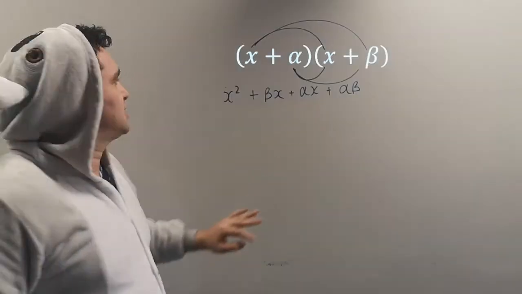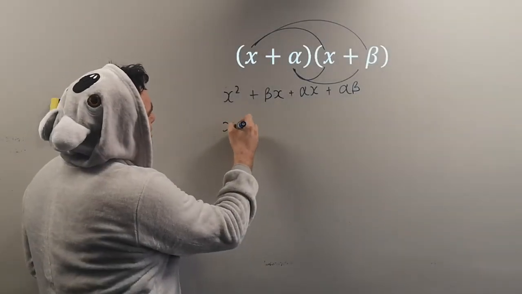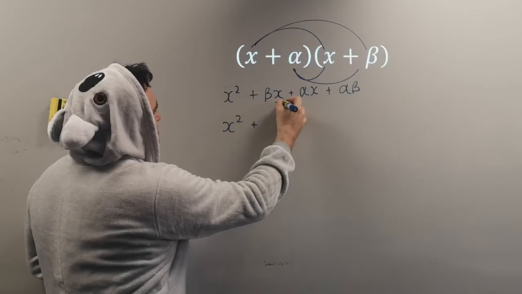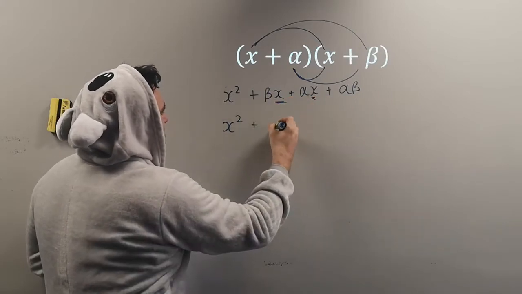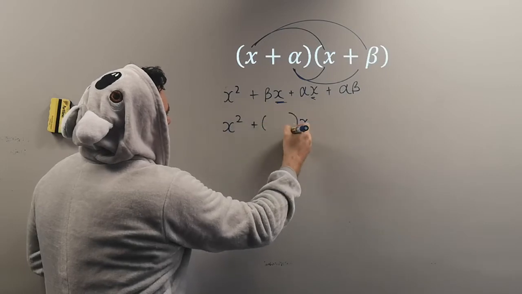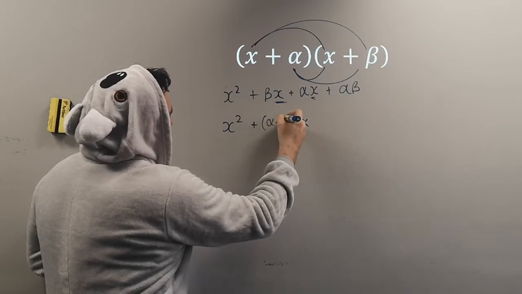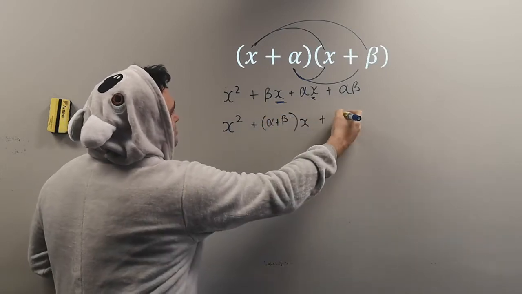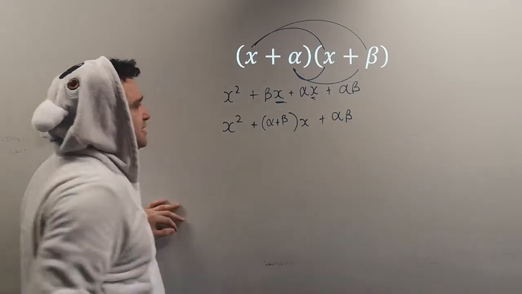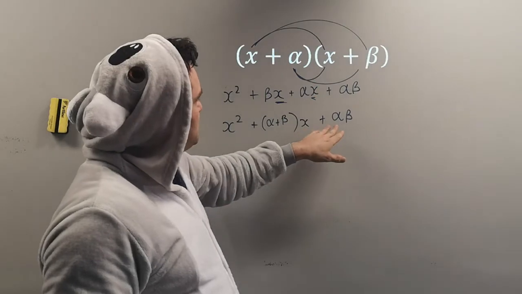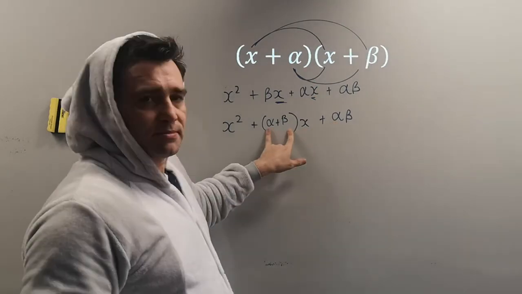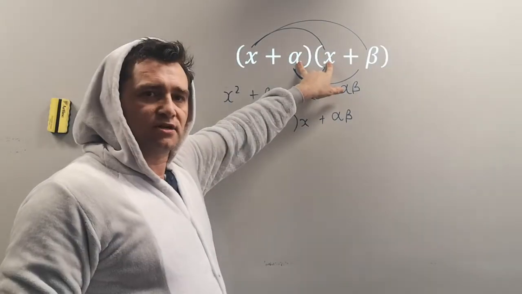Or I could factorise this down and say x squared plus (alpha plus beta)x plus alpha beta. So if I knew what these two numbers are, I could directly factorise.